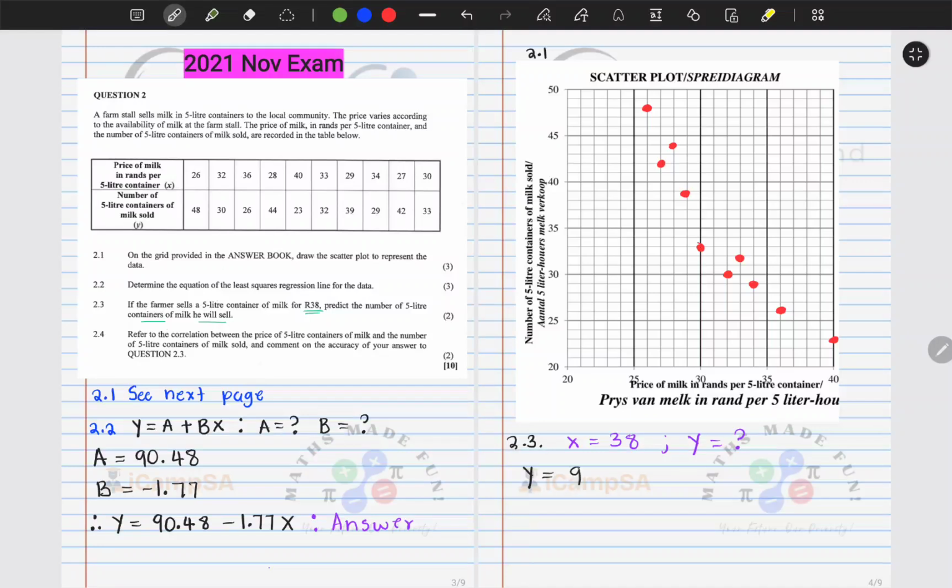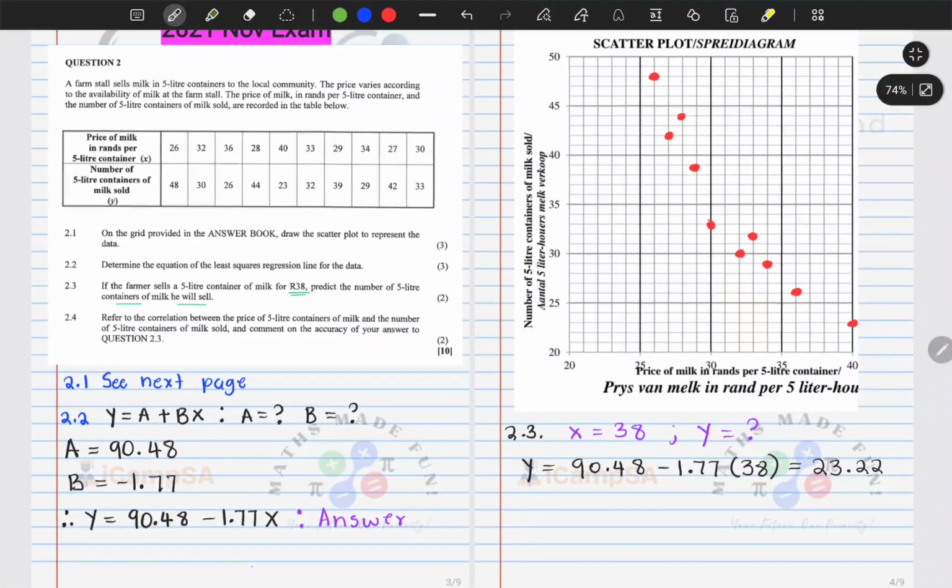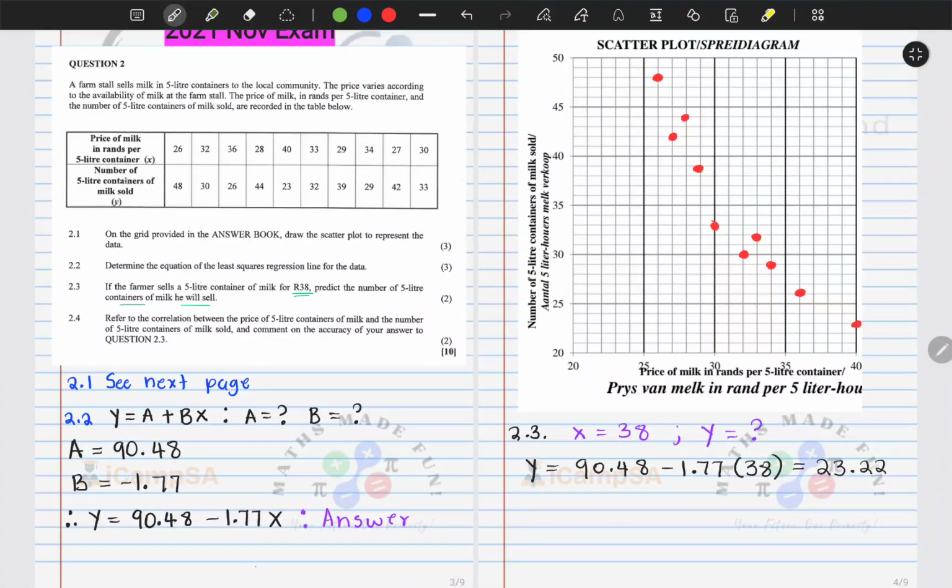So we'll have y equals 90.48 minus 1.77 into 38. So this y will be equal to, let me use my calculator, 90.48 minus 1.77 times 38. What I end up getting is 23.22. Okay, so I can just approximate to say what we are looking at is the number of 5-liter containers they are going to sell.